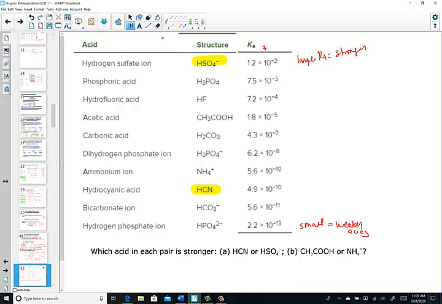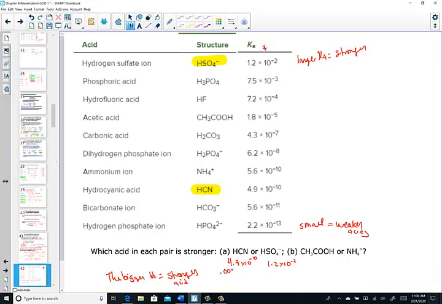So when I compare these two, I have a Ka value of HCN is 4.9 times 10 to the negative 10th. For HSO4 negative, it's 1.2 times 10 to the negative 2. Which number is bigger? So think about what 4.9 times 10 to the negative 10 is.